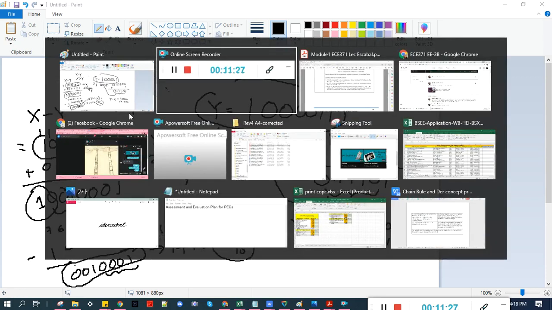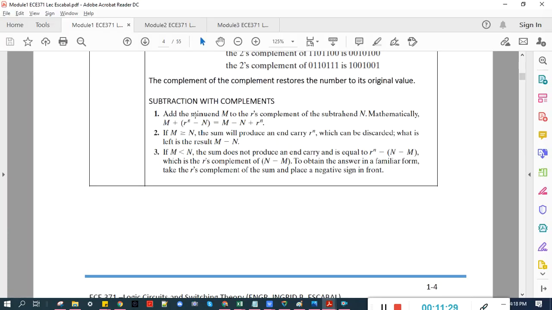So recall, here r to the n minus n is the radix 2's complement. When we are in binary, r to the n minus n is the 2's complement.